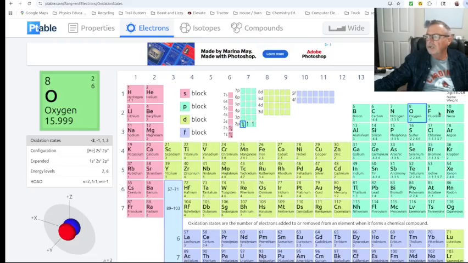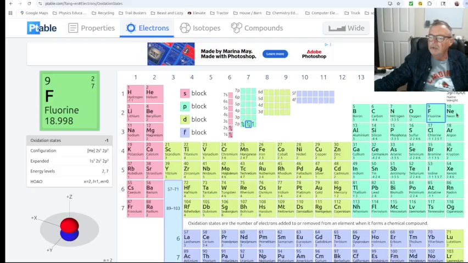And fluorine, I bet fluorine looks like carbon. Place your bets. Yep. And then neon, to round this all out, we got one of our second noble gases in the periodic table. There's neon.